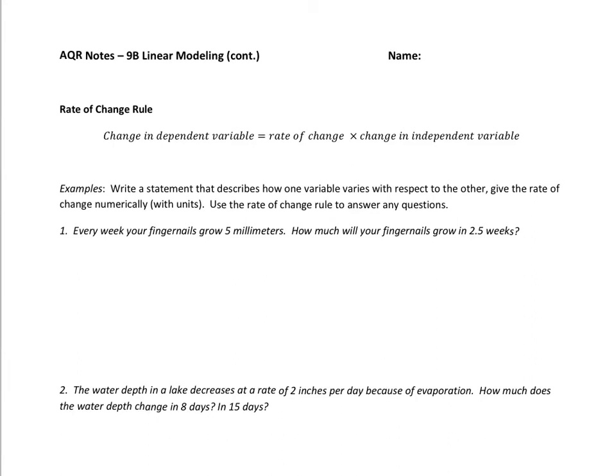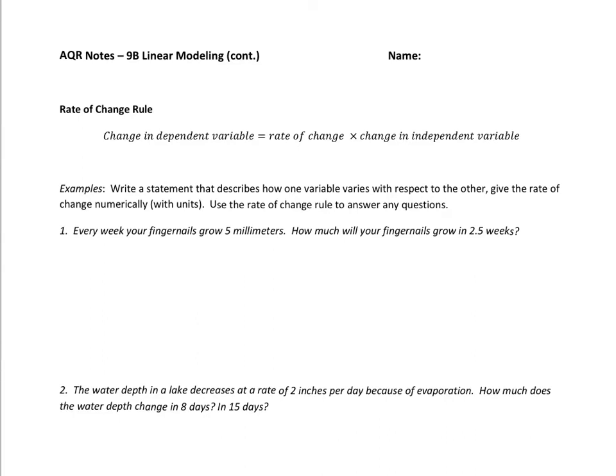Example 1. Every week, your fingernails grow 5 millimeters. How much will your fingernails grow in 2.5 weeks? So we want to write a statement that describes how one variable varies with respect to the other.